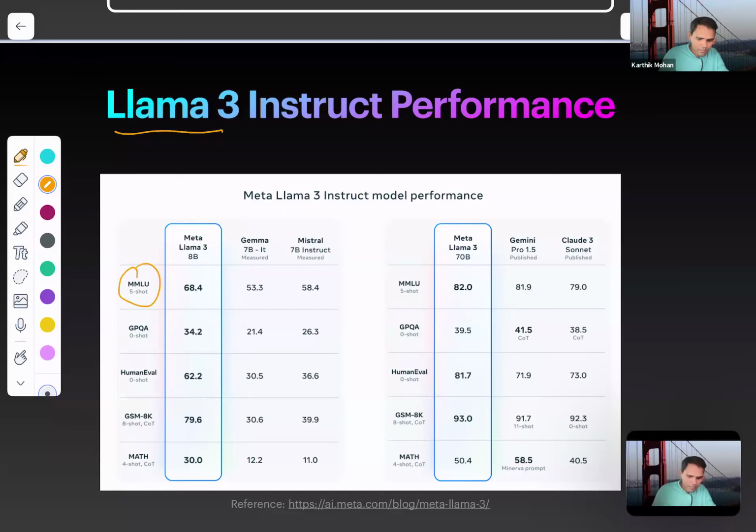This is a multi-language understanding data set that looks at performance on questions in different languages. GPQA is Google-proof question answering. It's an interesting data set. The idea of GPQA is that it's a question answering data set, but you will not be able to get the answer through a simple Google search, right?